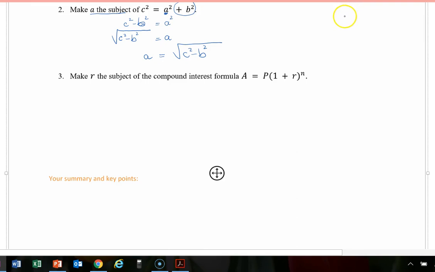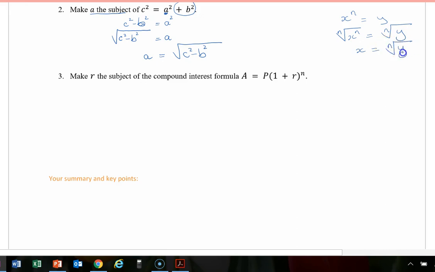Well, if we had x to the n was equal to, say, y, I would need to take not the square root but the nth root of x to the n and the nth root of y. And that will get me x, but over here I will have the nth root of y. That's a little bit complicated. Just ask me for some help when you're doing that type, and you'll see what I do here.